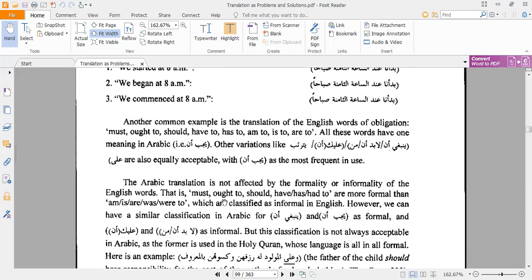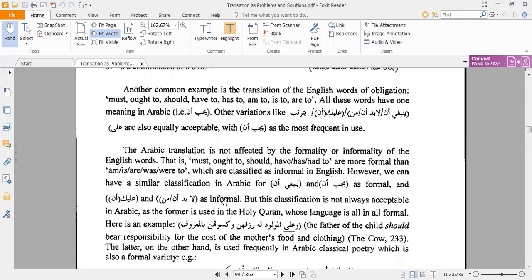نجي لكمان أيضا شغلة جديدة عندي the translation of obligation, which are must, ought to, should, have to, has to, is to, are to. All of these expressions are expressions of obligation.